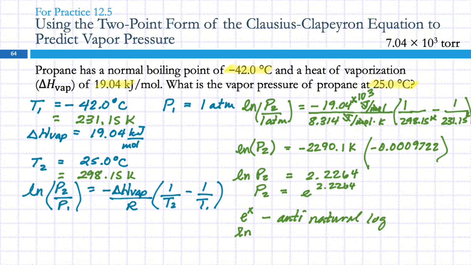And what the heck did I do wrong? Because I am not getting the answer up there. I'm getting 9.266 atmospheres. Oh. Okay. Phew, scared me there for a minute.